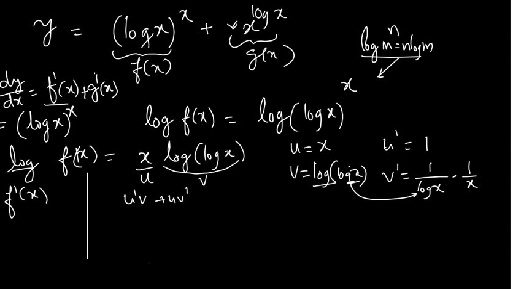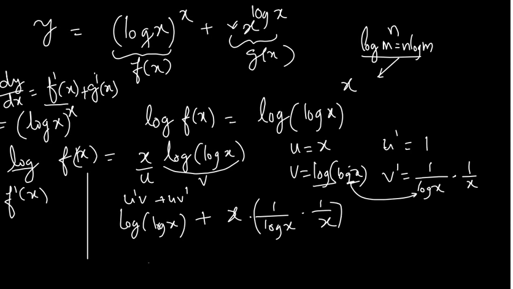U dash v is log x, because the other one is 1, plus u v dash, x into 1 by log x into 1 by x. This is the v dash, this is the u. So this x gets cancelled.